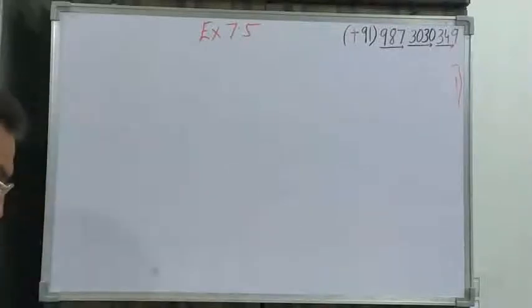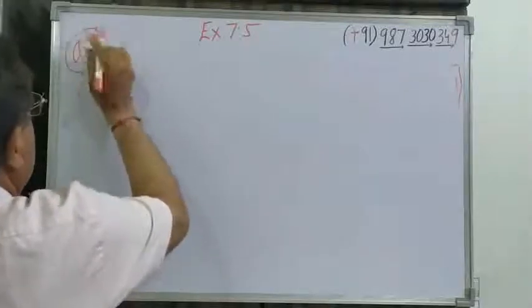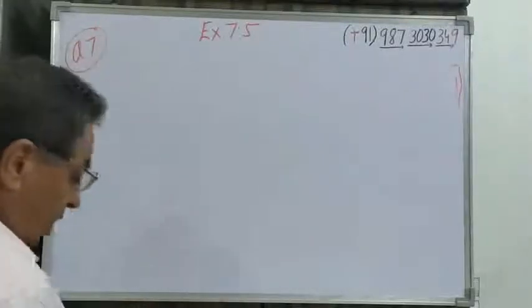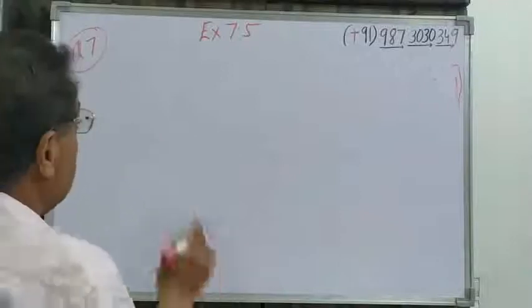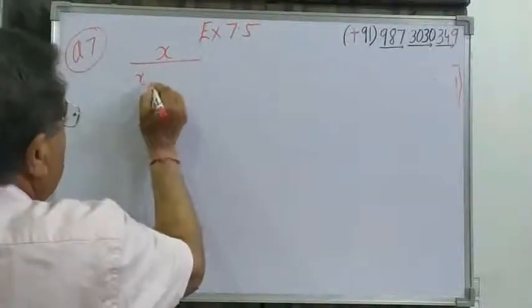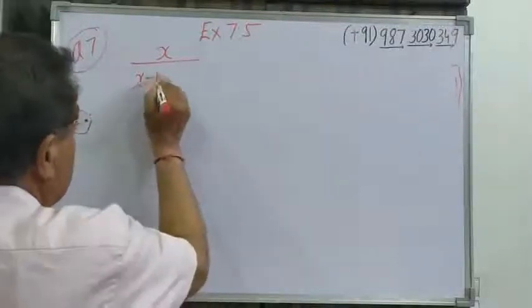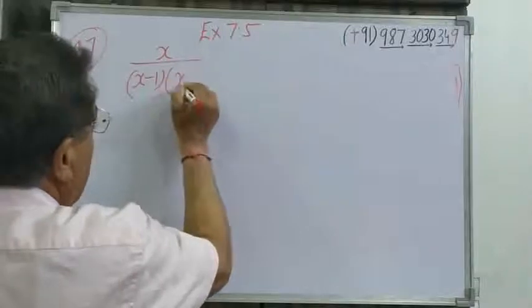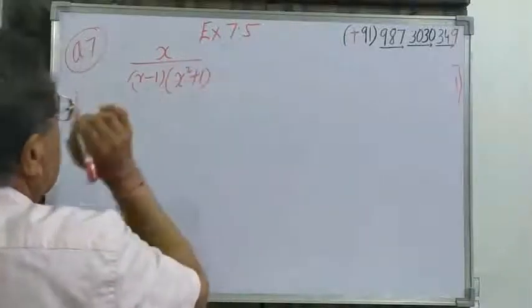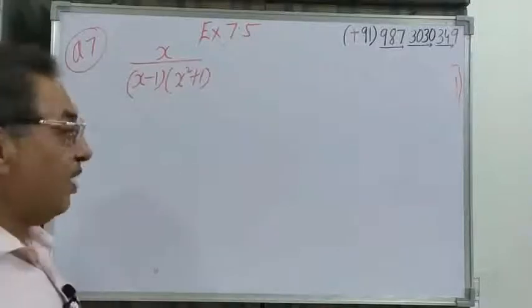Question number 7, and here we have x divided by (x minus 1) into (x square plus 1). So now first of all I will resolve into partial fractions.